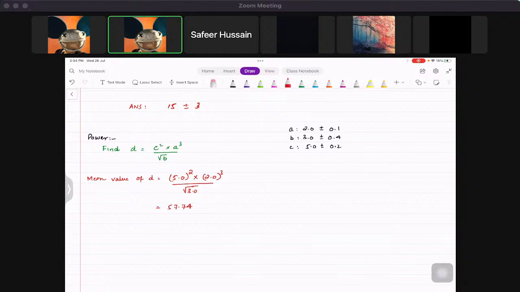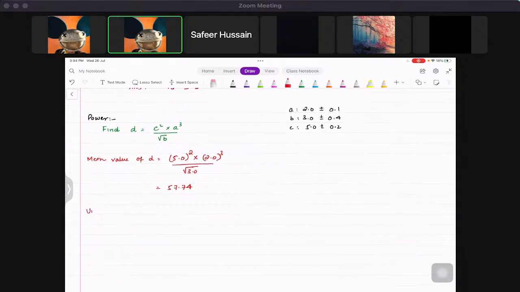Now to find the uncertainty, we are going to follow the same thing, but this time there is a little bit difference. Okay, so first variable is C, so delta C over C. I'm leaving gaps intentionally, so you should also leave the gaps.